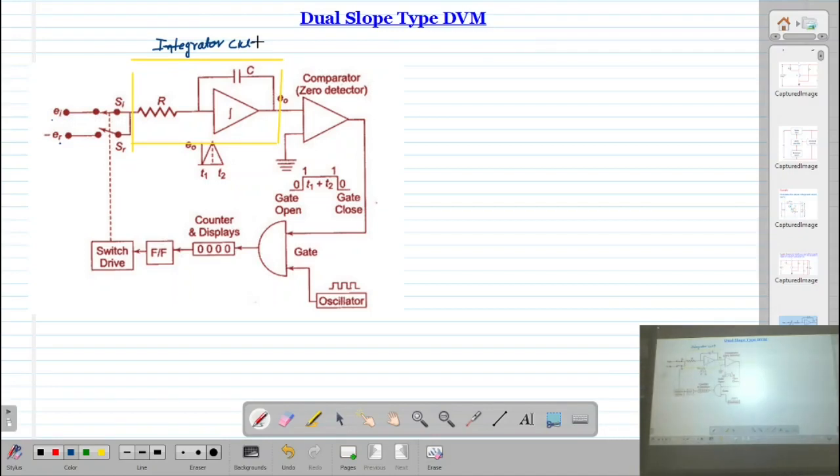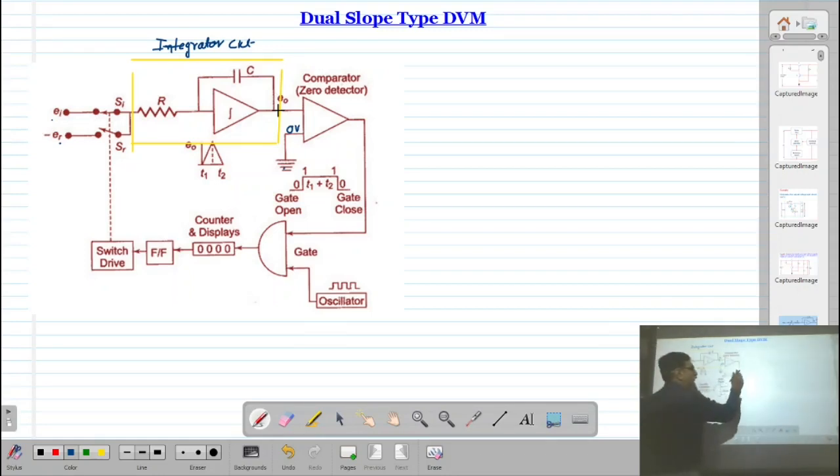The output of the integrator is given to a comparator. It is also known as a zero detector, because one of the terminals is connected to the ground, meaning here we have 0 volt, so the output voltage of the integrator is continuously compared with the 0 volt, and correspondingly it will give you the output.